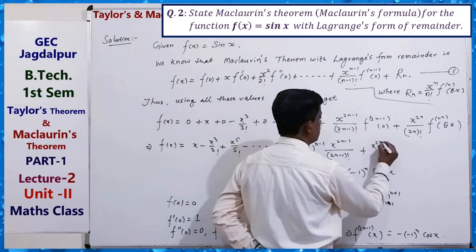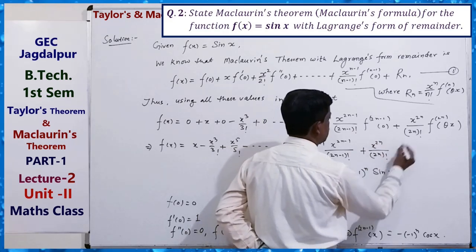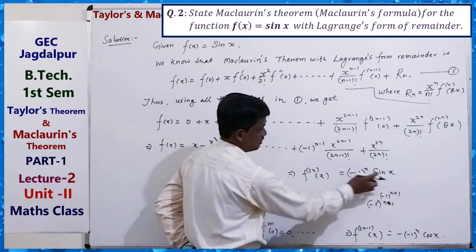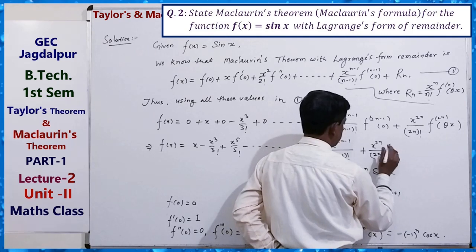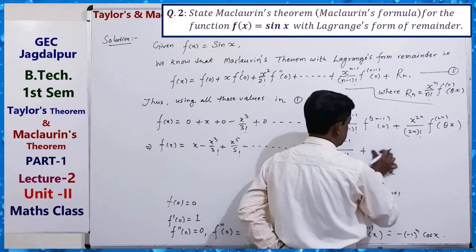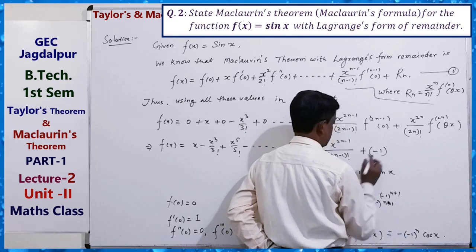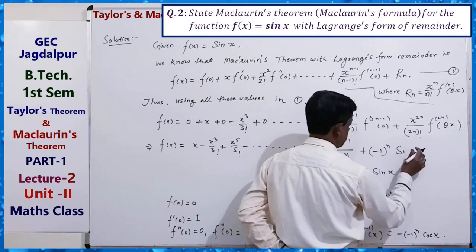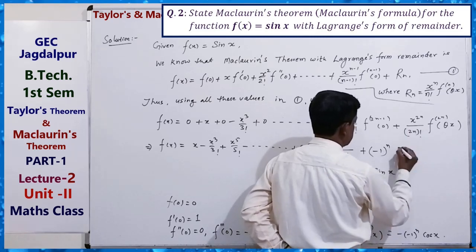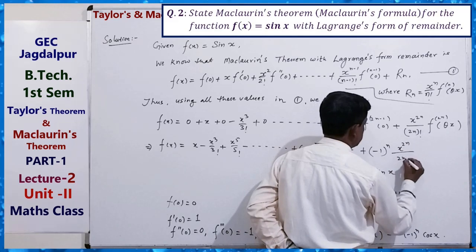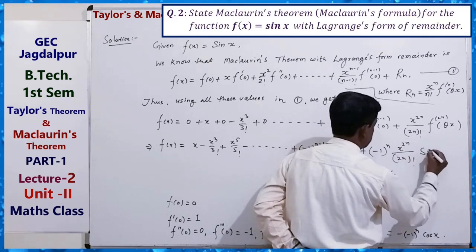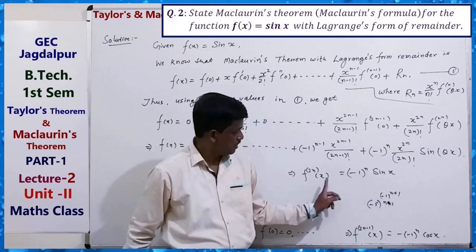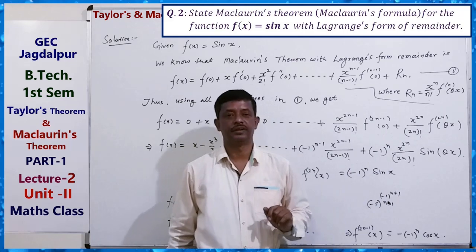Now x to the power 2n upon 2n factorial, this value comes from f 2n theta x. So write minus 1 to the power n, and here sine, so x to the power 2n upon 2n factorial sin theta x, just put theta x here.